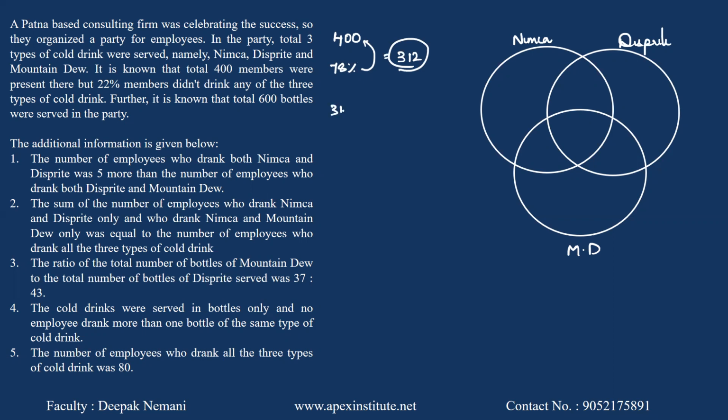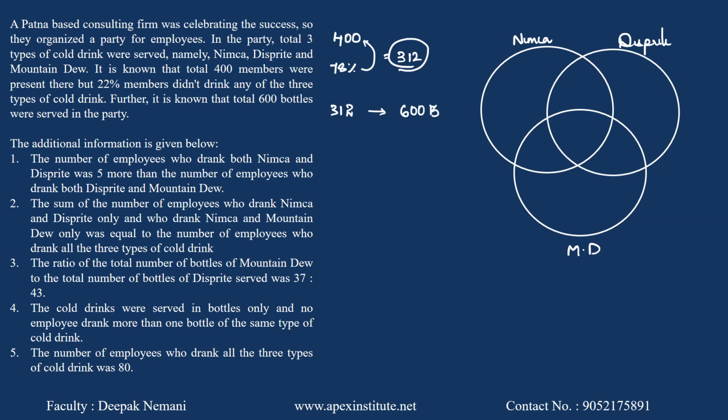So if you have 312 members drinking, how can we have 600 bottles being served? The logic is simple. Some of them have had one drink each, some of them two drinks, and some of them all the three drinks. Clear?